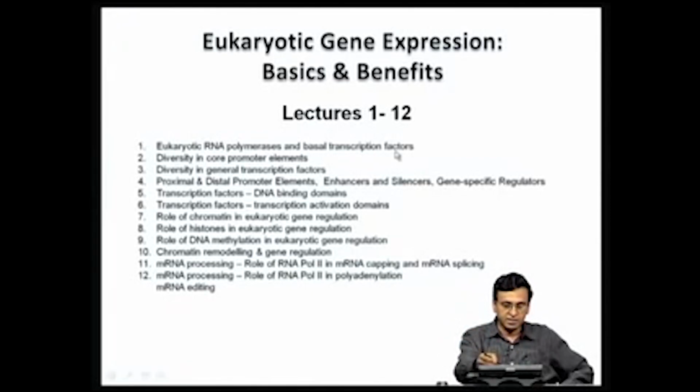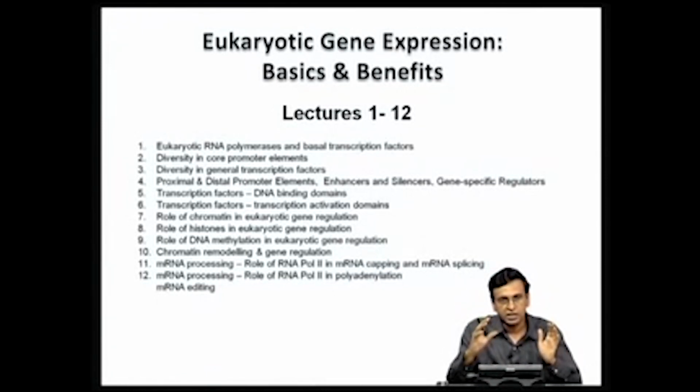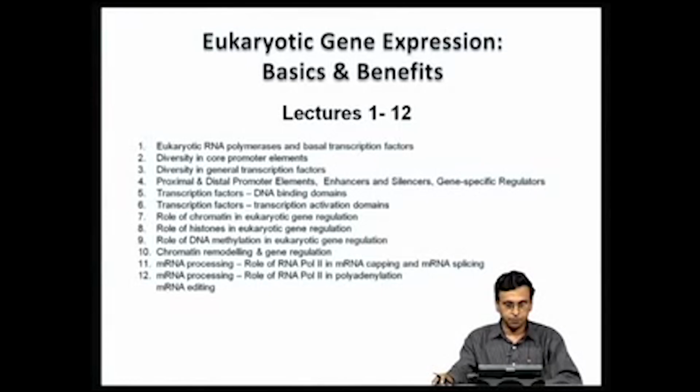We started from basal transcription factors, promoter elements, we discussed transcription factors, then the role of chromatin, then epigenetic regulation, and in the last two classes what kind of processing mRNA undergoes. With this, one module of this course has been completed, and if you study these 12 lectures you will get a very good idea about how regulation of RNA polymerase II transcription takes place inside mammalian cells.